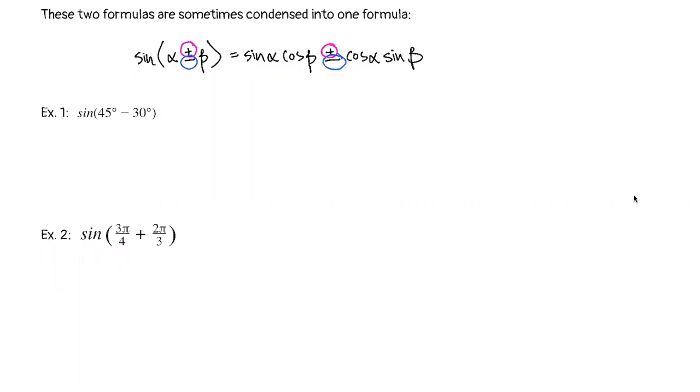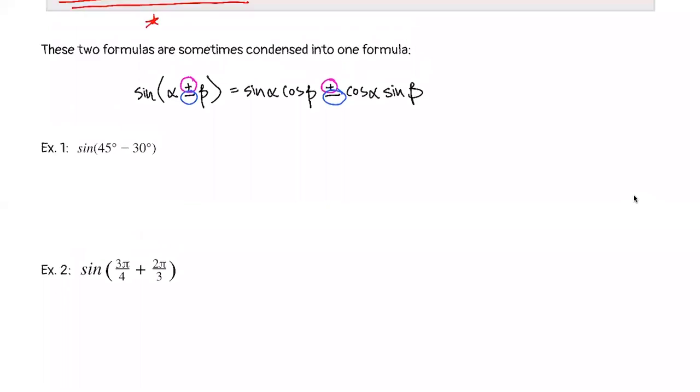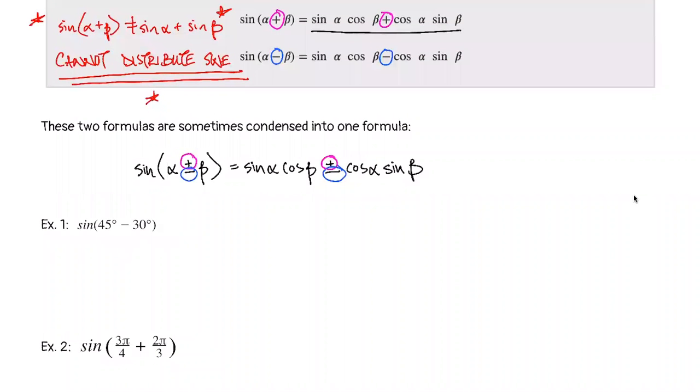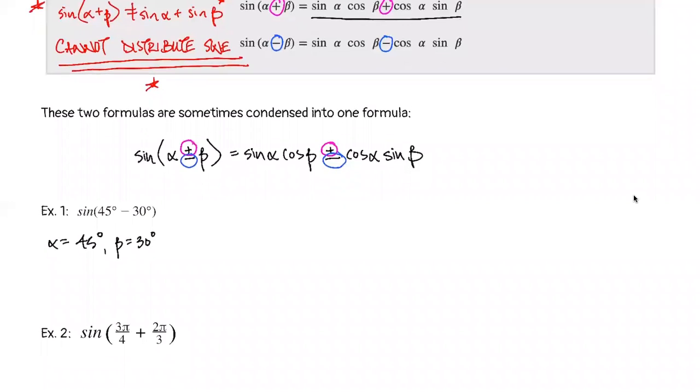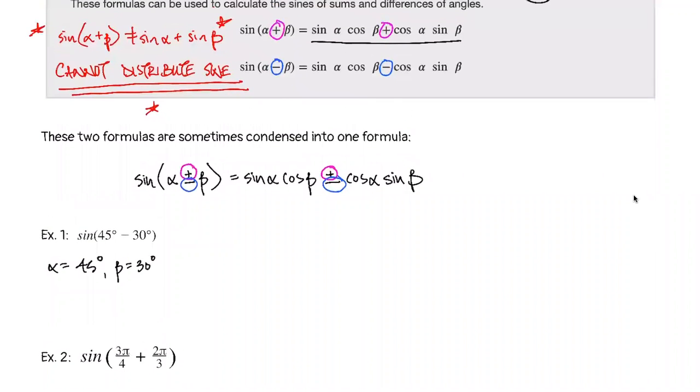So if we take a look at example number 1, I see that I'm going to use the subtraction one. I'm looking at sine of 45 minus 30. And so we can say here that alpha equals 45 degrees and beta equals 30 degrees. Does that make sense how I found the alpha and the beta from the equation?